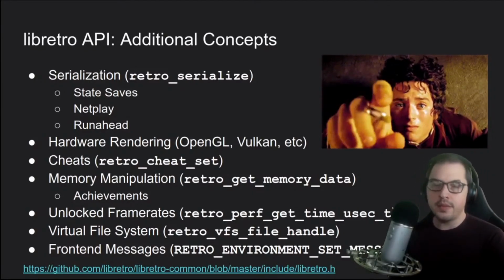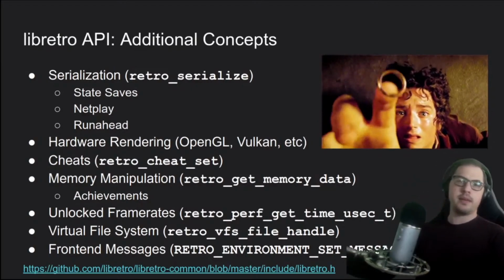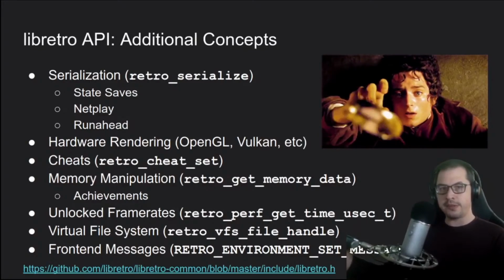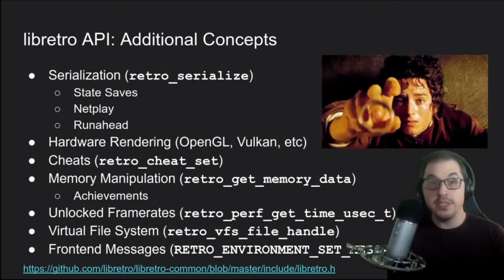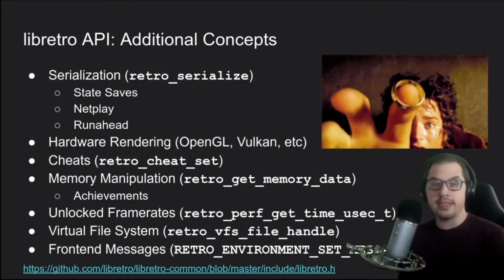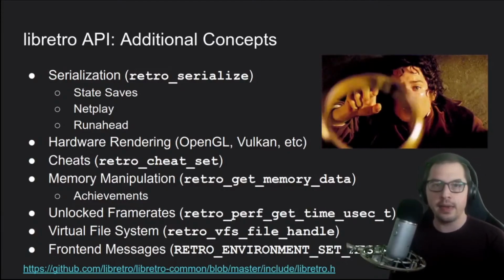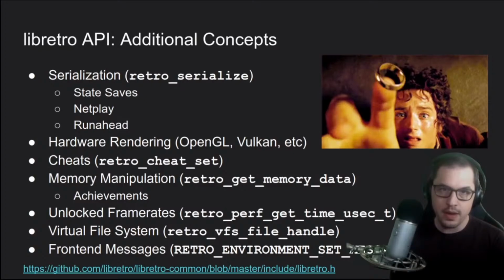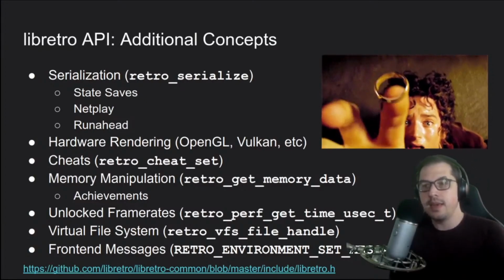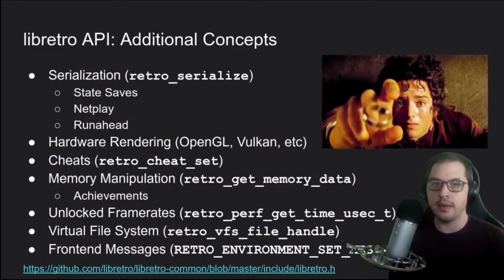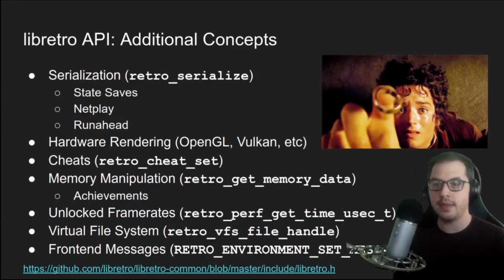So beyond audio, video, and input, what are some other concepts that we can accomplish with the Libretro API? Some of my favorites include serialization. With serialization, what you do is load all of the game state, everything about the current state of the running core, into a serialized object, and that allows front ends like RetroArch to handle state saves.